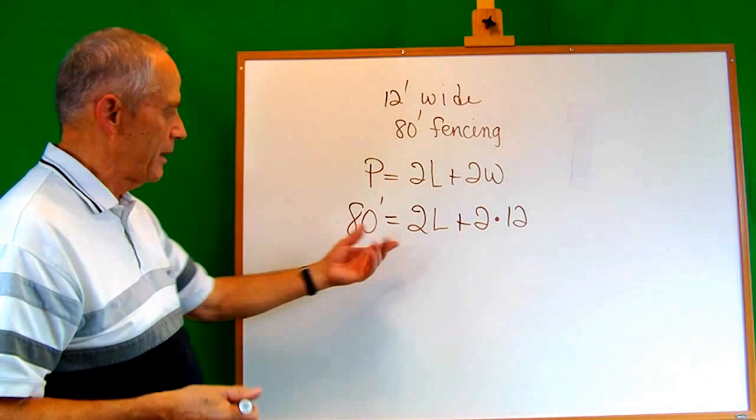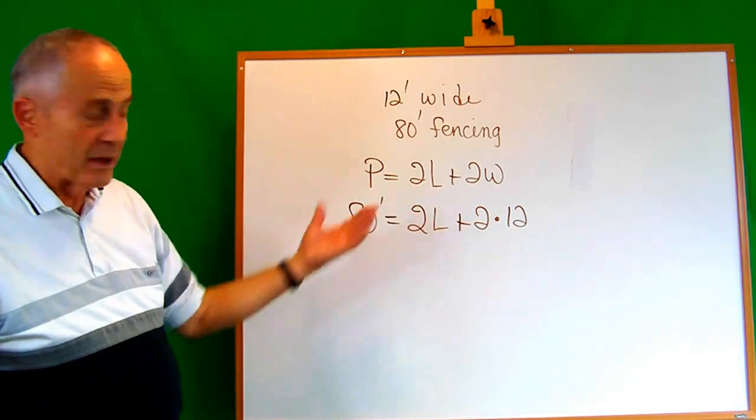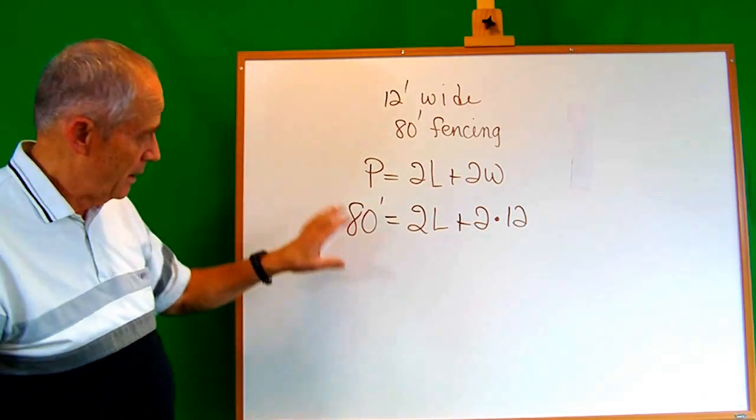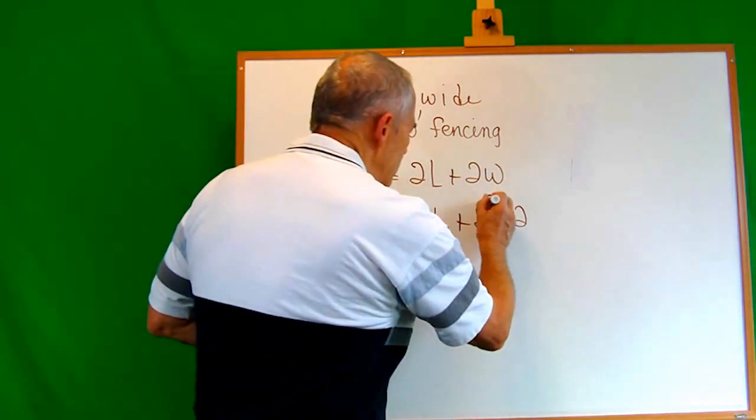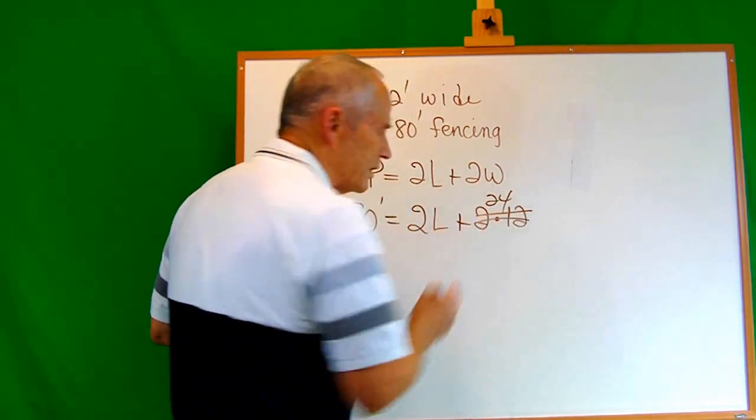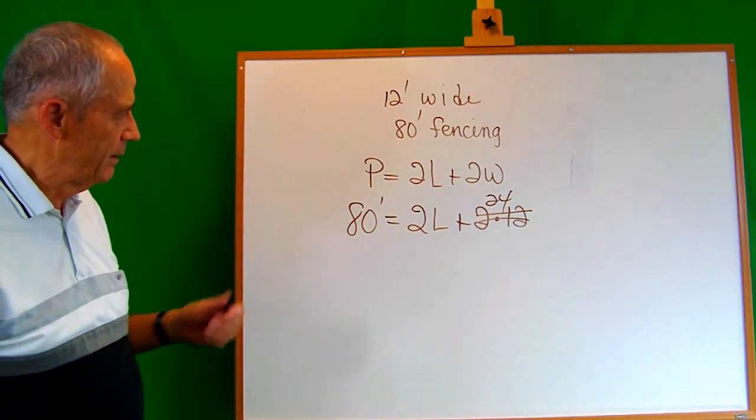So I just solved the equation. There aren't any parentheses, no like terms. You might want to combine those two so you just have one number to work with.